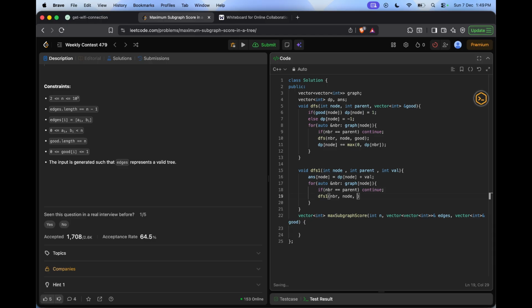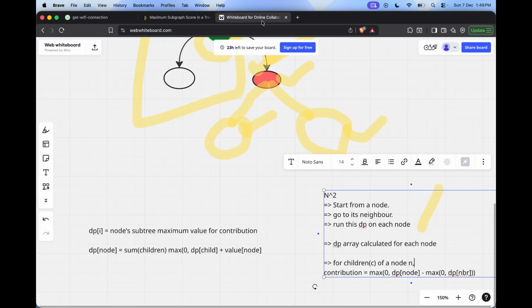Now what is the new value? We calculated it as max of 0 comma val plus DP at node minus max of 0 comma DP at neighbor. What is it? The contribution due to the current subtree which we are going to, subtracted from DP of node.